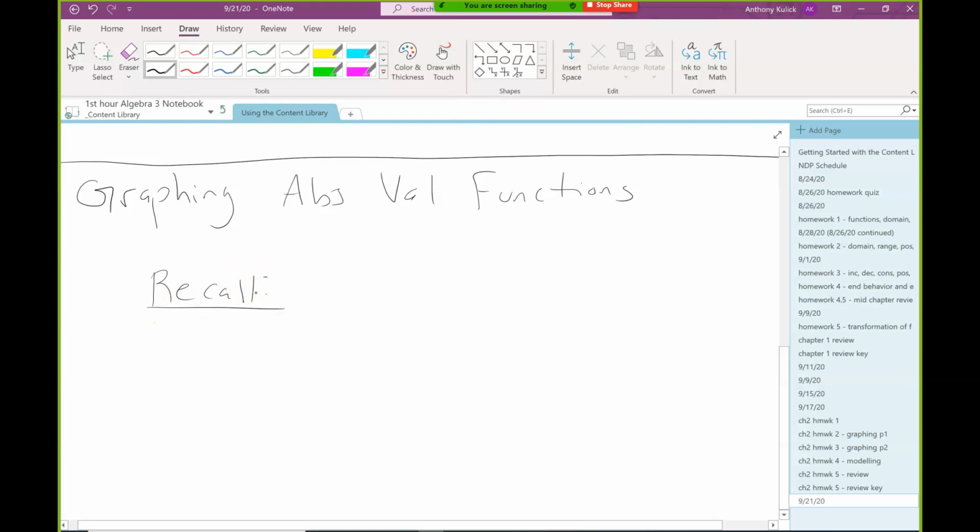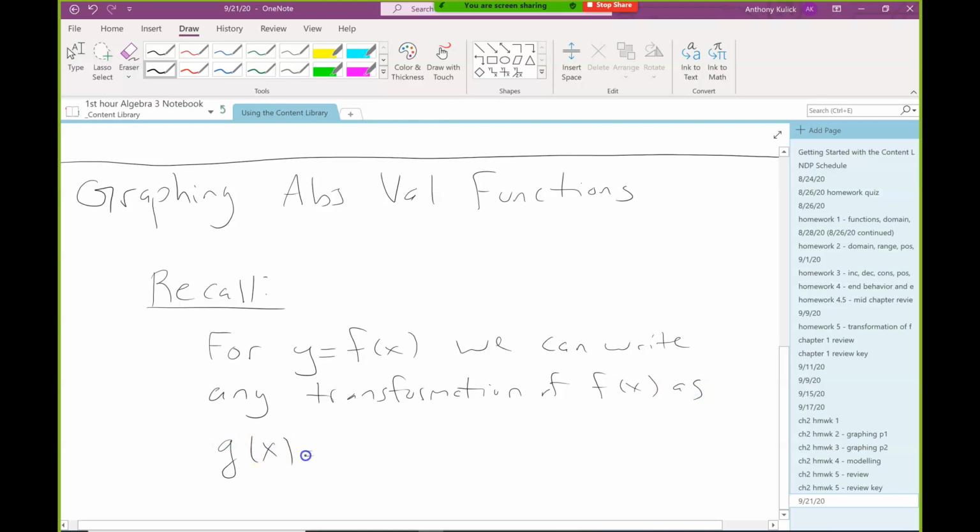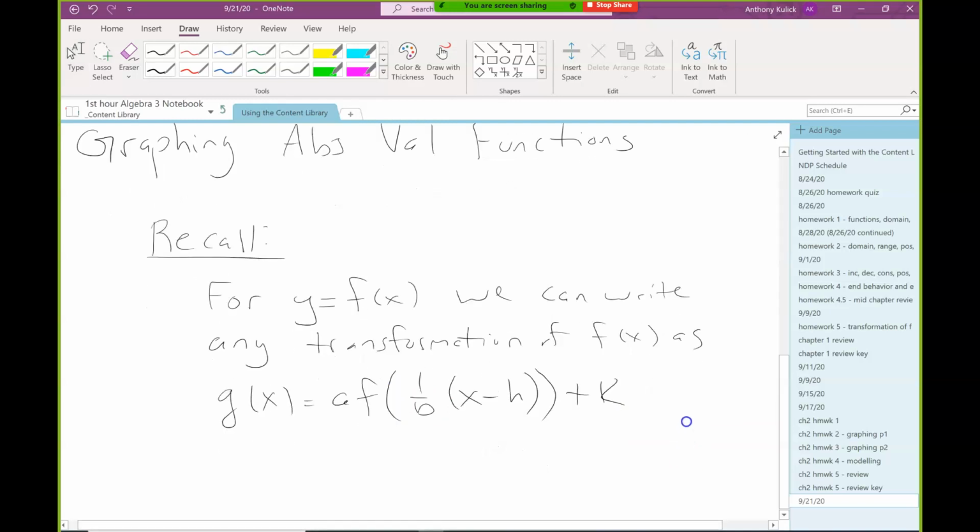So from last chapter, we remember that for a function y equals f of x, we can write any transformation of f of x as g of x equals a times f of 1 over b x minus h plus k. So this was one of the last topics we talked about last chapter.